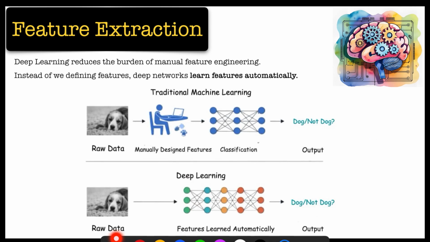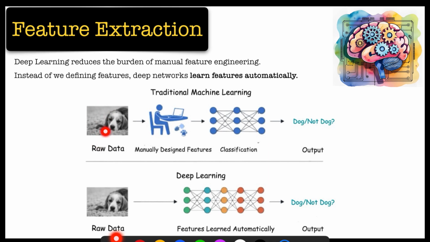So that's where deep learning comes in. Deep learning reduces the burden of manual feature engineering. Instead of us defining the features, deep learning learns features automatically. In traditional machine learning, we have the raw data, let's say this image of a dog.